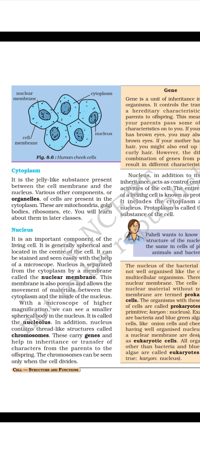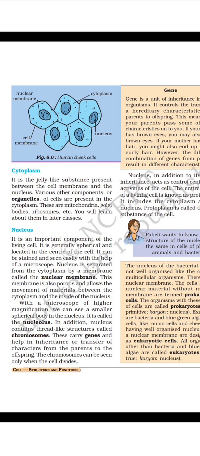Inside the cell wall there is a jelly-like structure which is named cytoplasm, and there is a dense round shape present at the center of the cell, which is named the nucleus. And the small spherical structures present inside the nucleus are said to be the nucleolus.